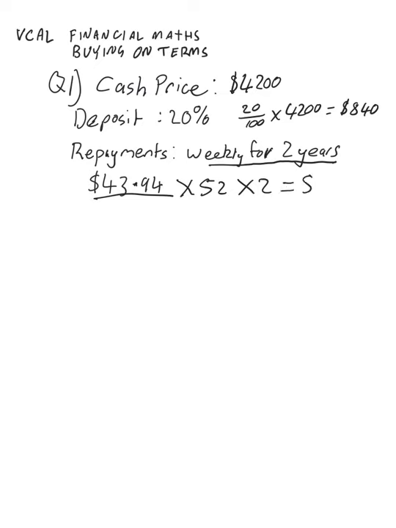But don't forget, we also paid a deposit of $840. So our total cost is the $4,569 that we made in weekly payments, plus the deposit, and that comes to a grand total of $5,409.76.